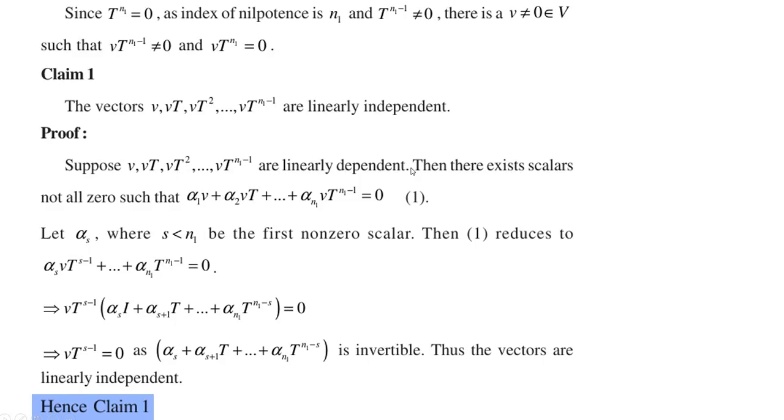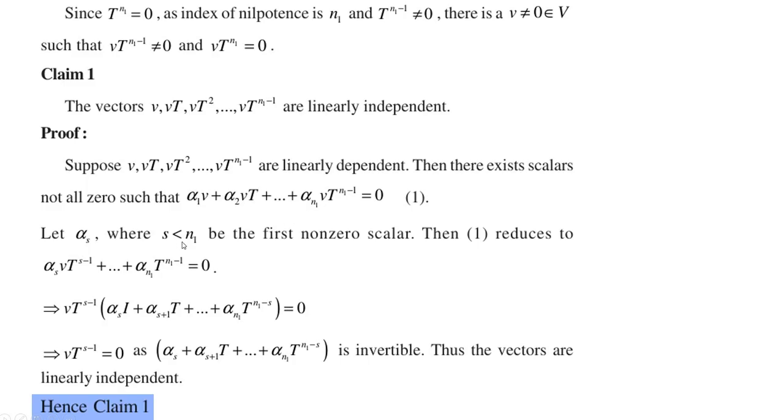Suppose they are linearly dependent, then there exist scalars, not all 0, such that this holds. In this, some of the coefficients are 0, some of them are non-zero. So we'll discard those which are 0 and collect only the non-zero scalars. Among them, let alpha_s be the first non-zero scalar with s less than n1, because at the most you can have n1, which is considered as the last one.